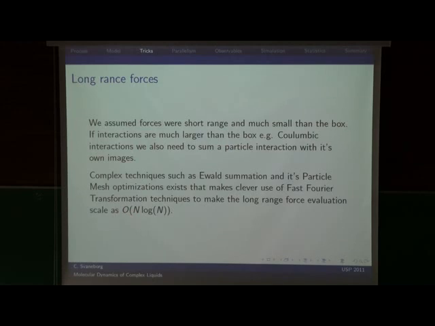There is another way: you can do a multipole expansion of the electrostatic interactions, then it becomes O(n), but the prefactor is so large that this is often very expensive to calculate. So for completeness I just want to mention that long-range forces can also be treated, but explaining how would take at least an hour of terrible details about conditional convergence of series, and it's very technical and not very interesting.